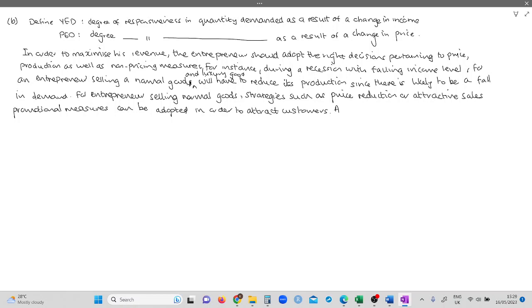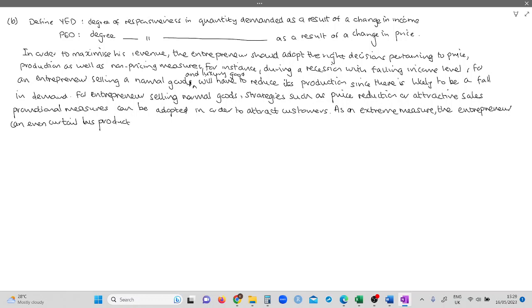As an extreme measure, when people cannot buy even a normal good or luxury good, the entrepreneur can even curtail his production.